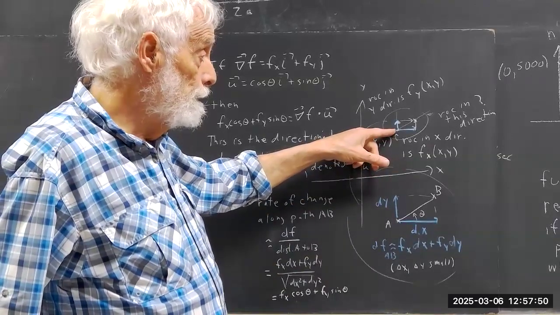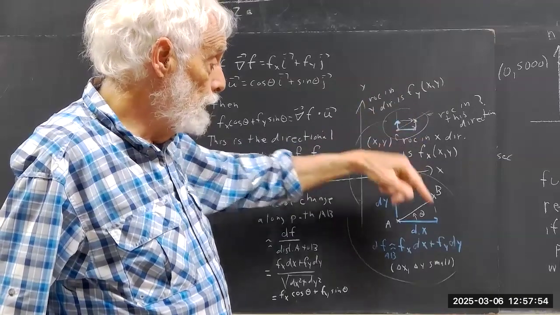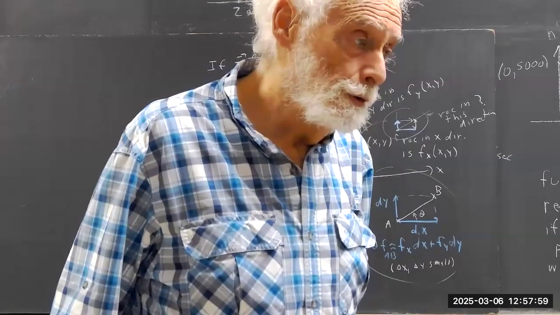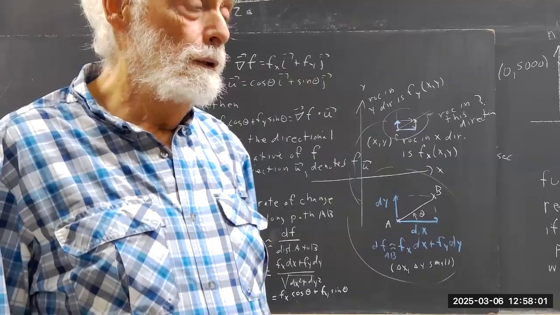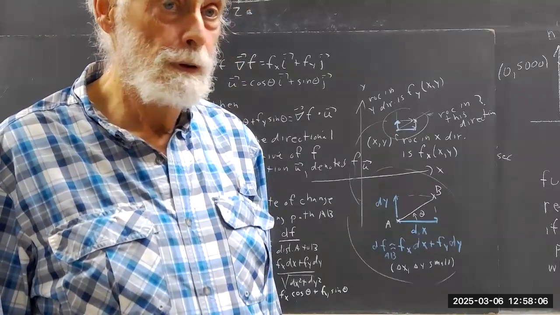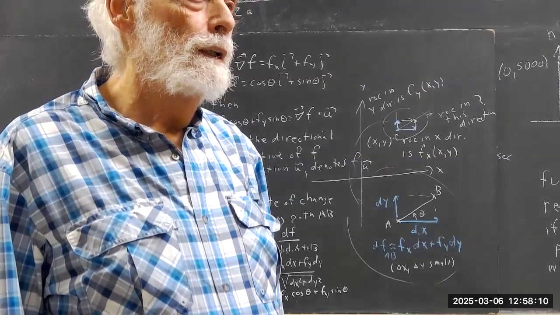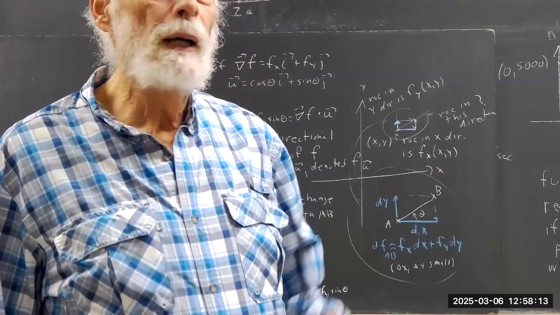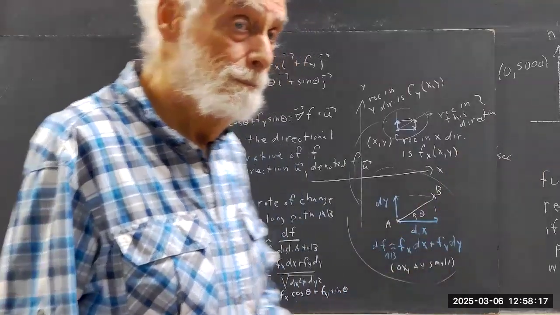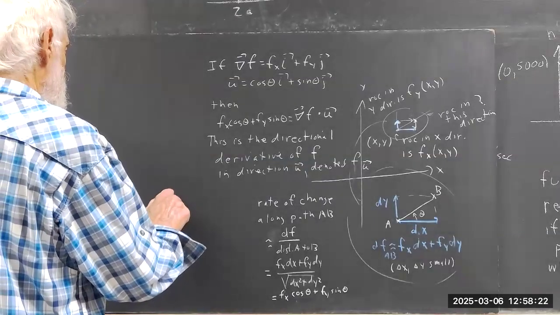At any given point, we could see the rate at which the temperature changes going this way or that way. And it turns out that the direction of maximum increase of the temperature is the direction of the gradient. I'll just state that right now because of limited time.